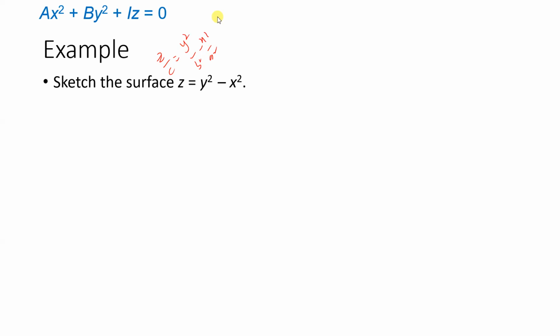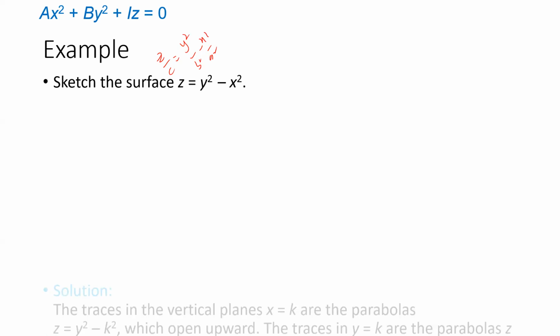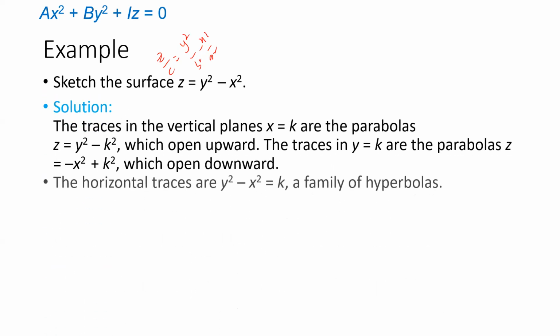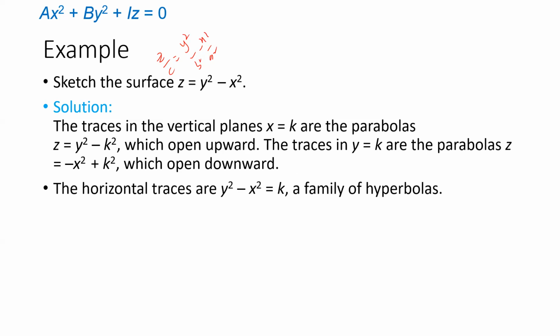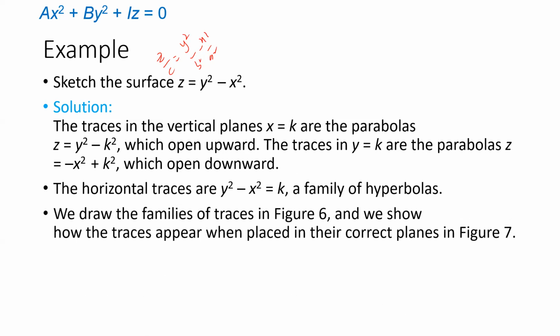So one of the square terms has a positive sign and the other has a negative sign, and it has two square terms and one non-square term, that is linear term, and its horizontal traces are hyperbolas, whereas vertical traces are parabolas. So if x is equal to 0, z is equal to y square. When y is 0, z is equal to negative x square, that is open downwards, whereas this is open upwards.